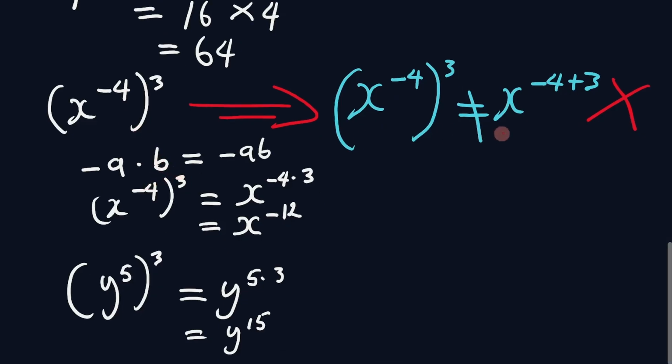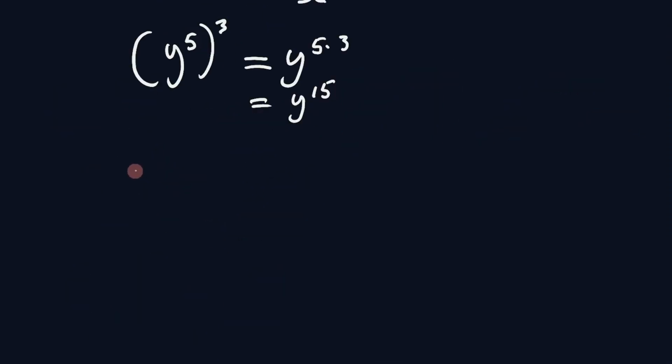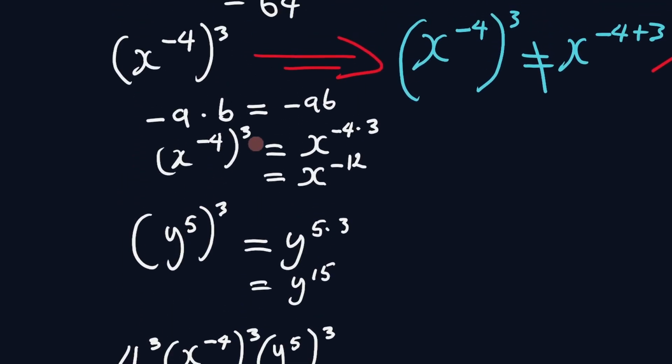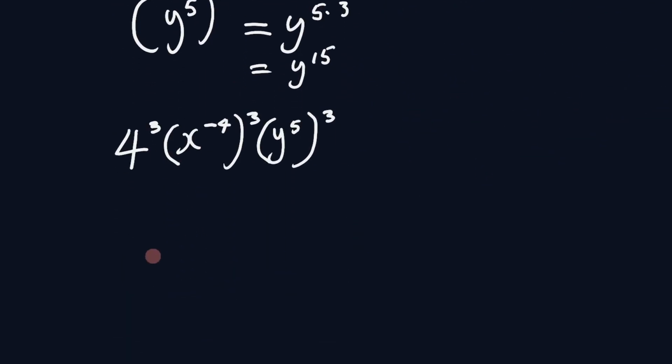Multiply and not add. Putting this all together, we now have 4 to the power of 3, into x to the power of negative 4 to the power of 3, multiplied by y to the power of 5 exponent 3. Here we got that 4 to the third power is 64, so write 64.